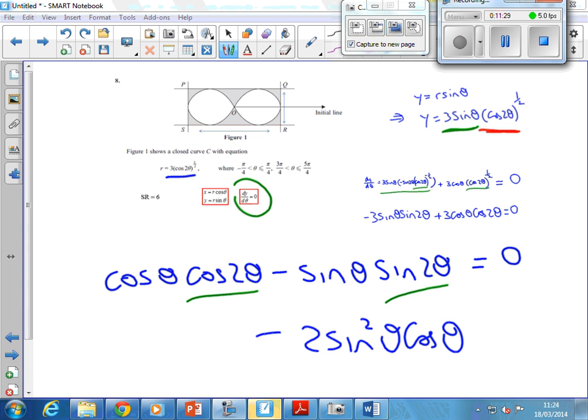Okay, so I've dealt with the right hand expression. So here the sine squared gives me a clue as to which identity to use for the cos 2 theta. So I'm going to use, instead of cos 2 theta, 1 minus 2 sine squared theta.